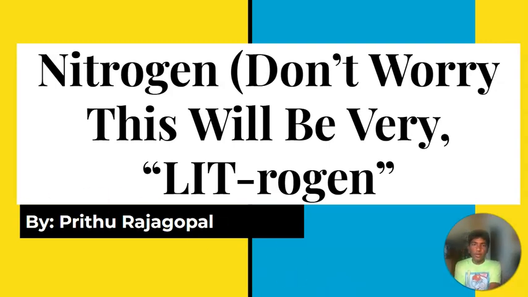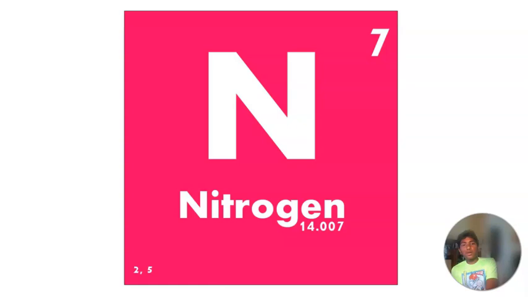The seventh element of the periodic table is nitrogen. It's represented with the symbol N, with the atomic number of 7 and atomic weight of 14.007 mu. This element is a colorless gas, so it doesn't really have any color, at least no color visible to us.